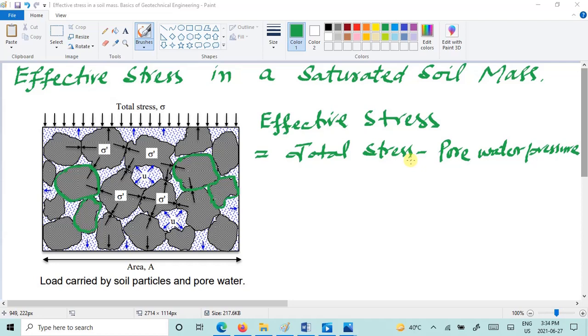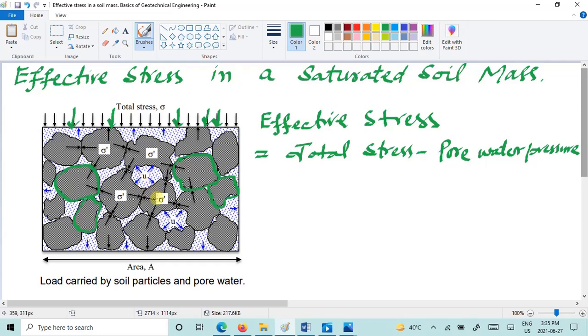Now, whenever the load or the stress is applied onto a soil mass, initially, if the drainage is not permitted, all the stress or the load will be taken by the pore water, and the pore water pressure will increase immediately.